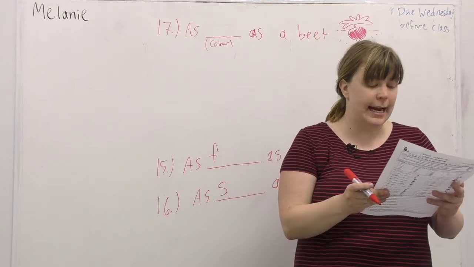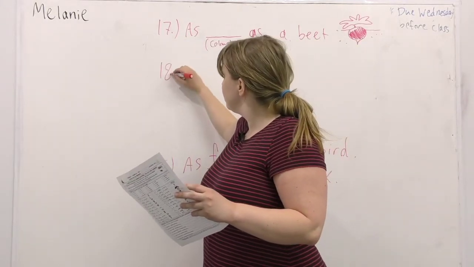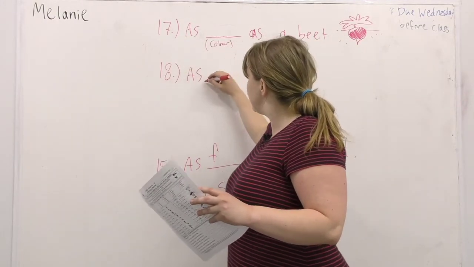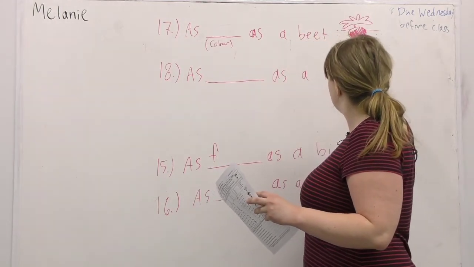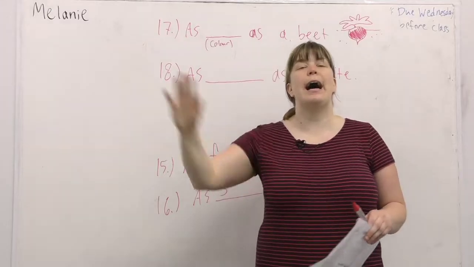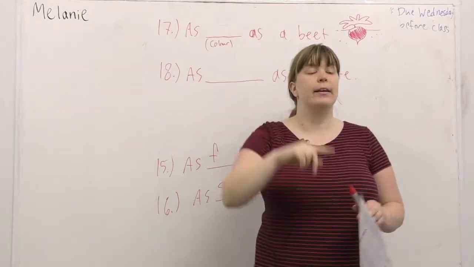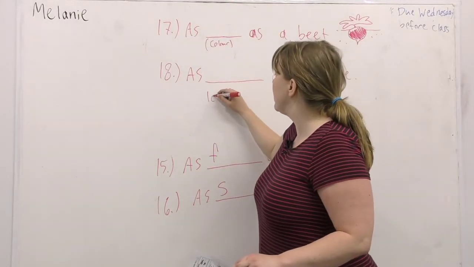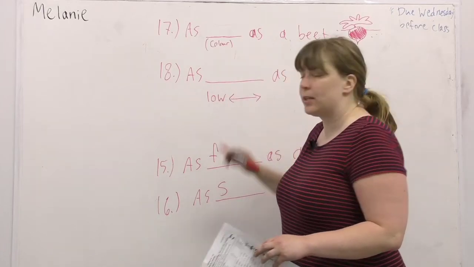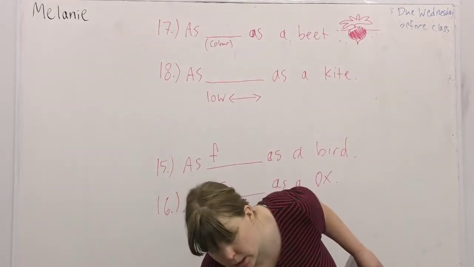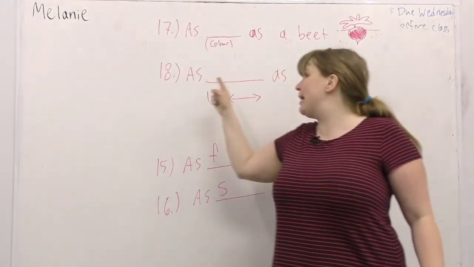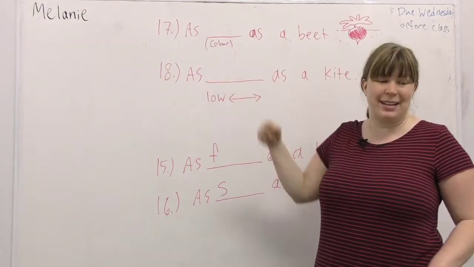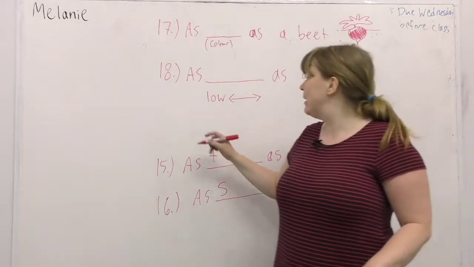Okay, and 18. As something as a kite. Okay, so when kites are flying in the air, they are the opposite of low. Okay, so the opposite of low is, I'd like you to try and fill in this part on your own. I think you guys can do it.